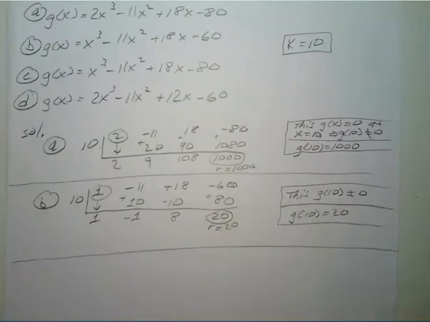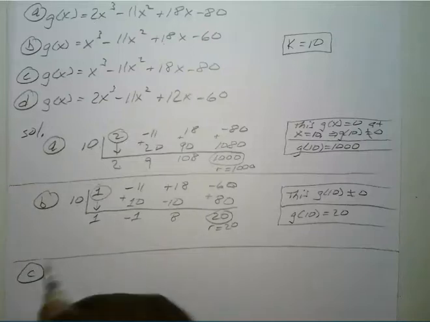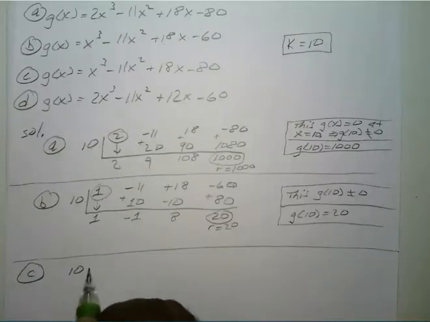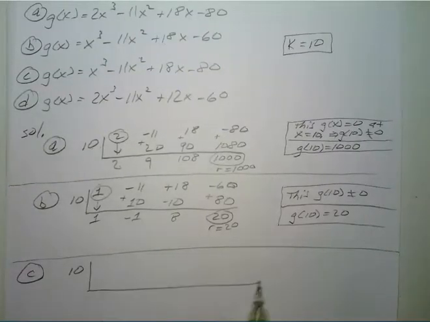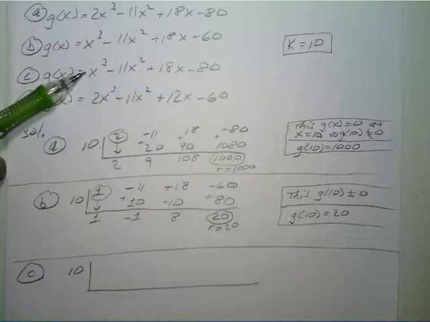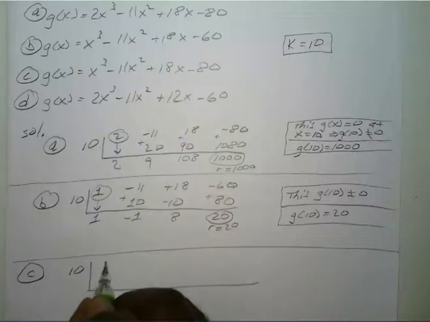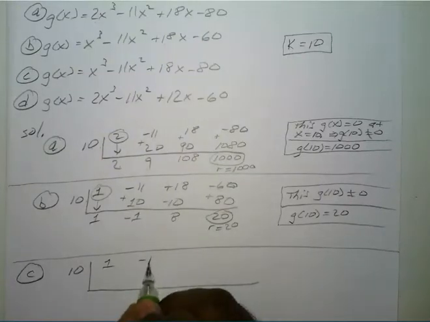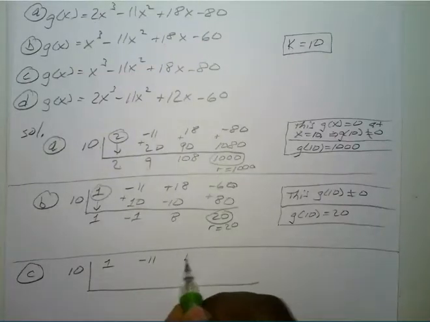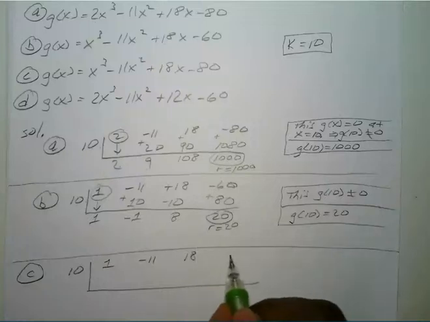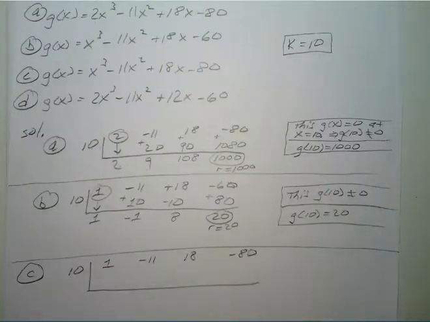Okay, so what about c? Again, our k is equal to 10. You have 1x to the third minus 11x squared plus 18x minus 80.